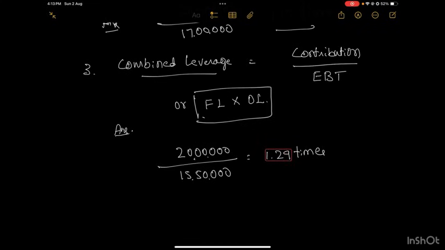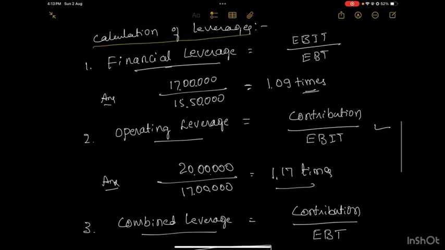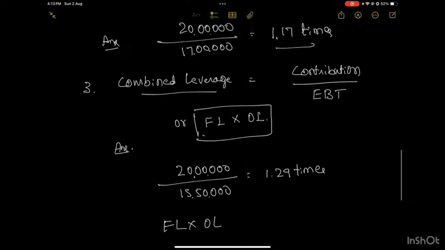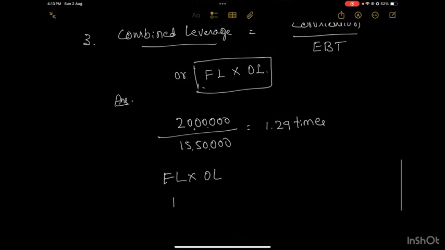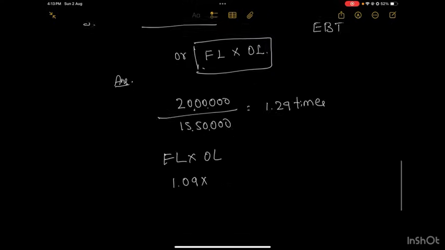It is to be represented in times only. It can also be calculated by this equation, that's FL into OL. Financial leverage is 1.09 into operating leverage 1.17. For that also you will get 1.29 times. Even if you multiply it, you will get the same value.